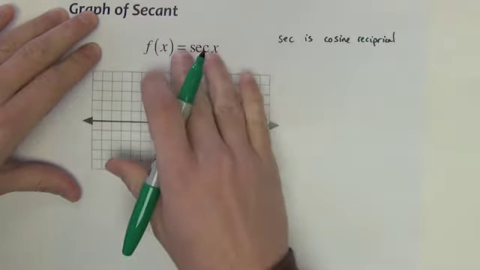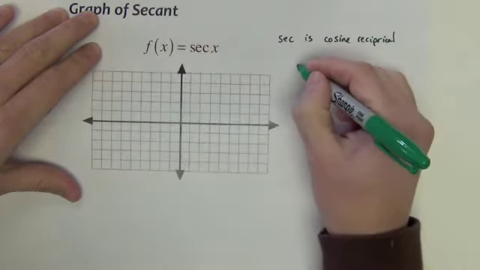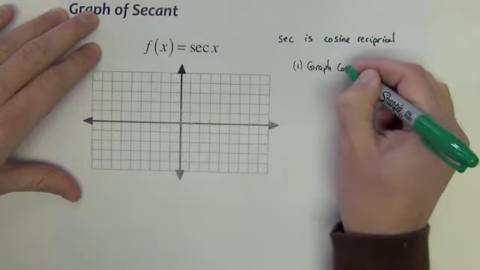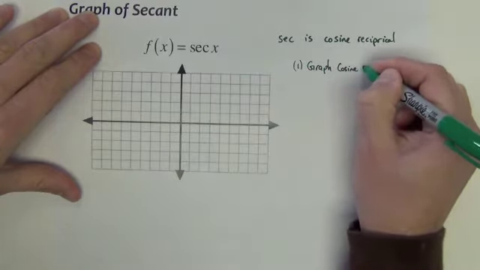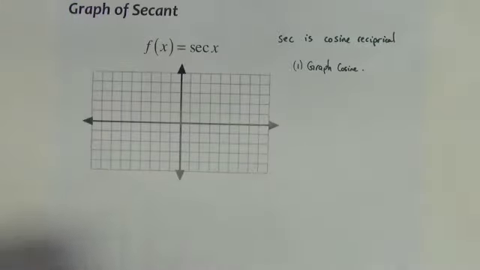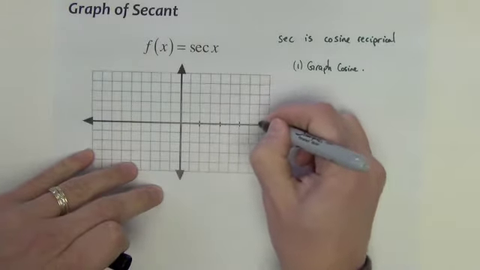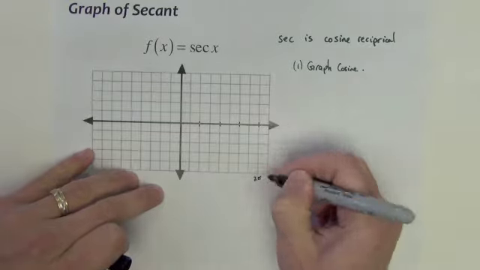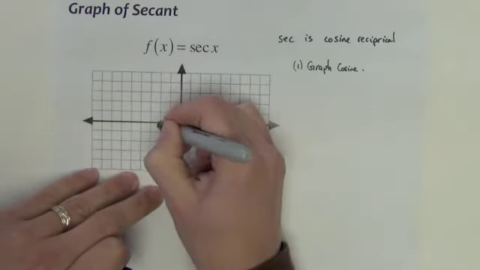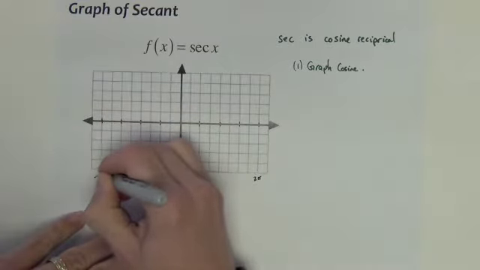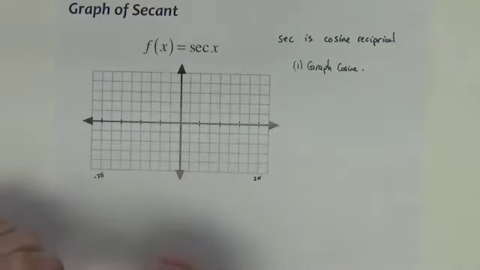So in order to graph secant, let's first graph cosine. Okay, so let's review how we would graph cosine. Well, I'd mark out my period length to 2 pi, negative 2 pi.